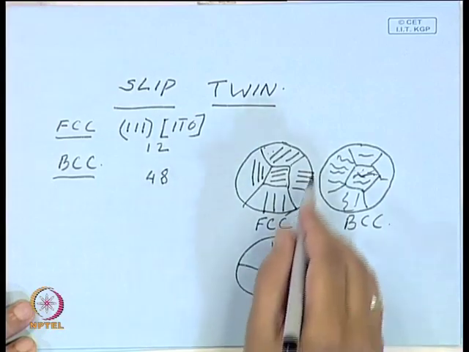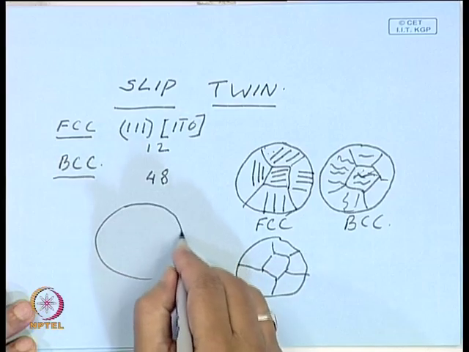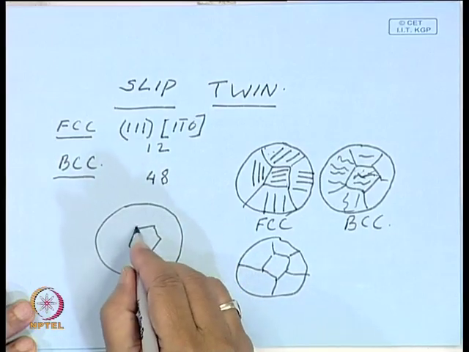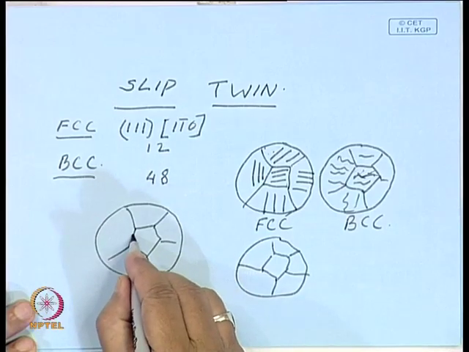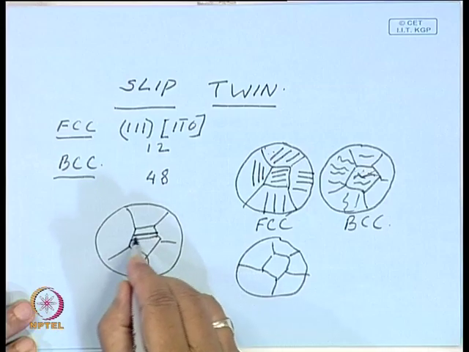Whereas, in case of a twin, there is a change in orientation, say something like this. And twin will have two lines, two planes, this is one plane, this is another plane.